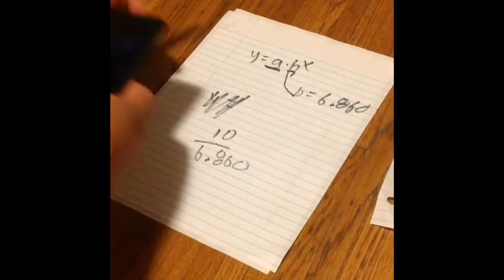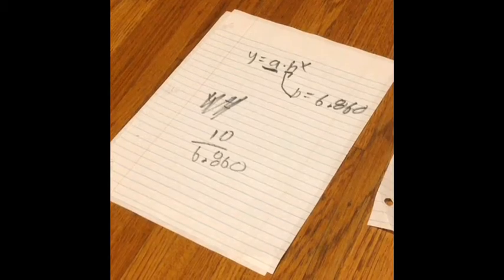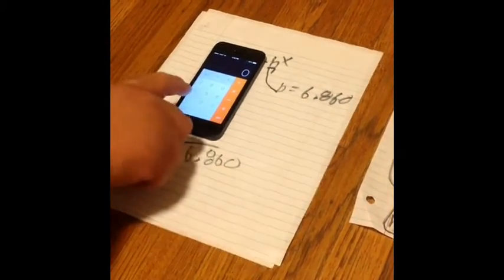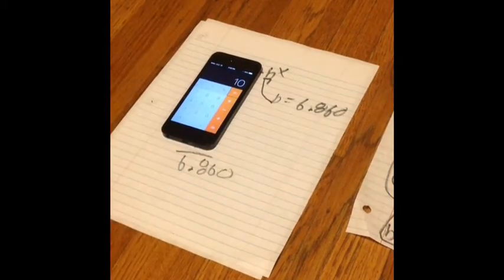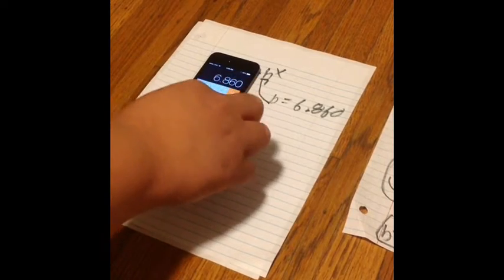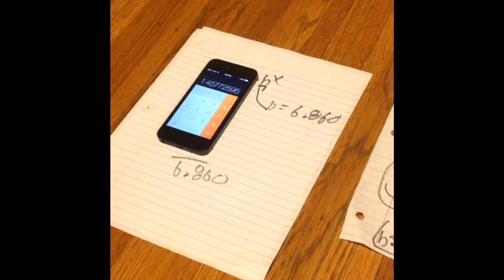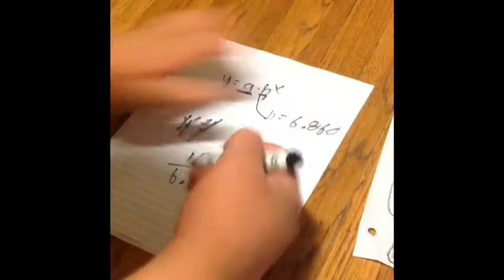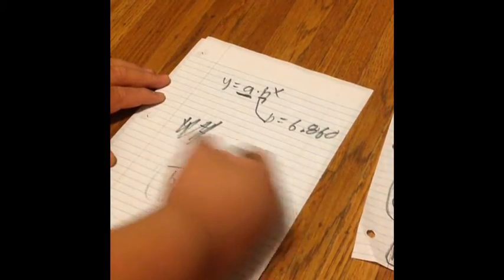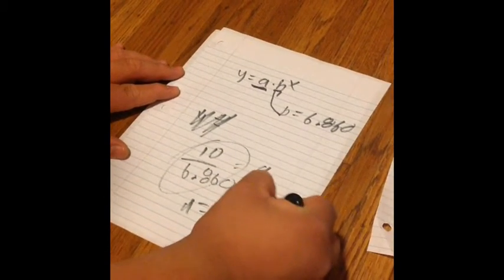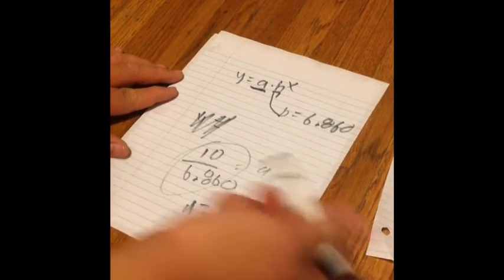So you bring your calculator back, and you divide it. So 10 divided by 6.860 equals 1.45. You can round that up. When you divide this whole thing, it's gonna give you a equals 1.480.